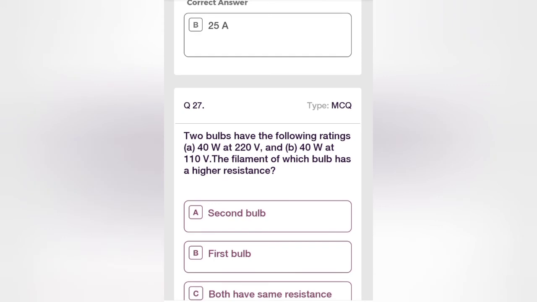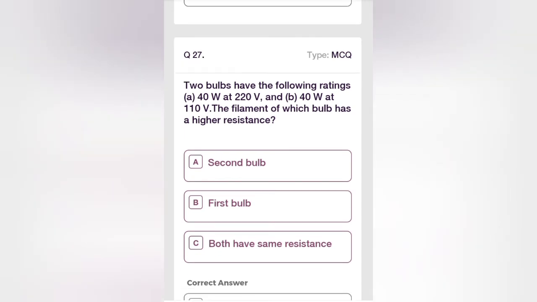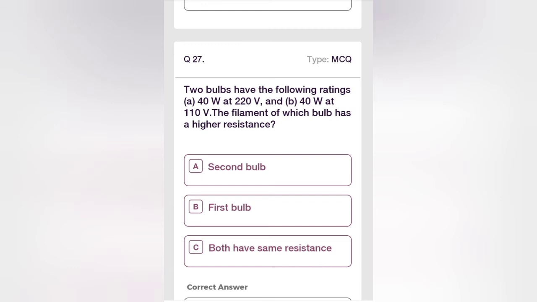Two bulbs have the following rating: 40 watts at 220 volt and 40 watts at 110 volt. The filament of which bulb has high resistance? So here power is given, voltage is given.